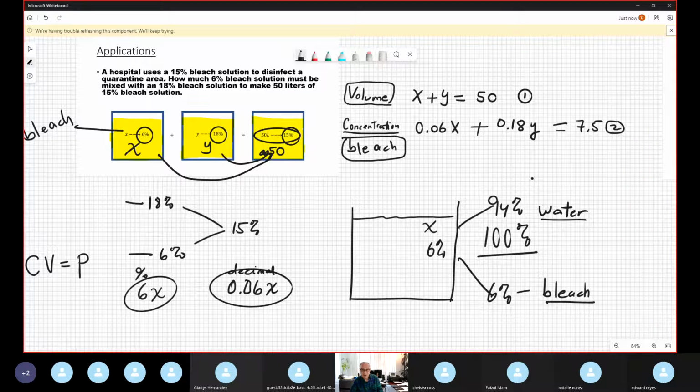So this is 6x plus 18y equals 750, because you multiply equation 2 by 100, because I want to express it in percentage. And now you get the second equation.